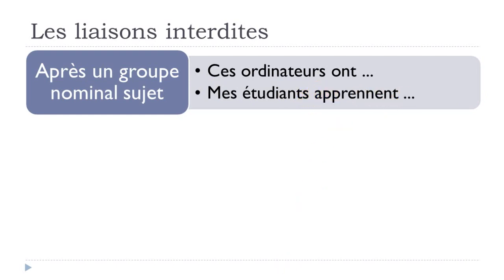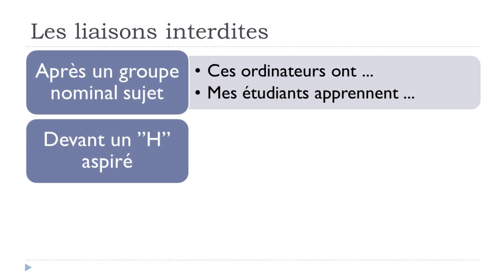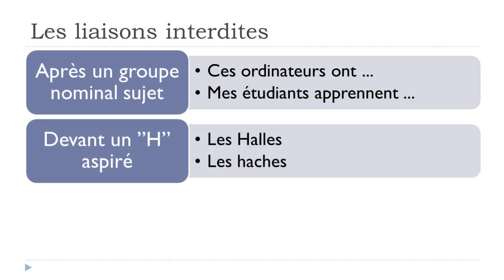Okay? And then, this is quite interesting because it's what we call un H aspiré. For instance, in this case, I put that in a big letter because it's a place in Paris.